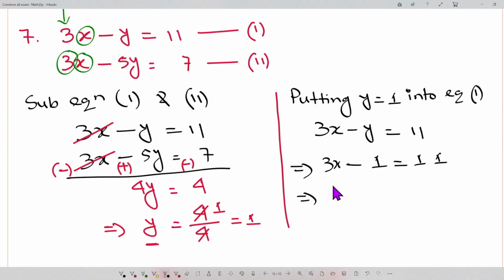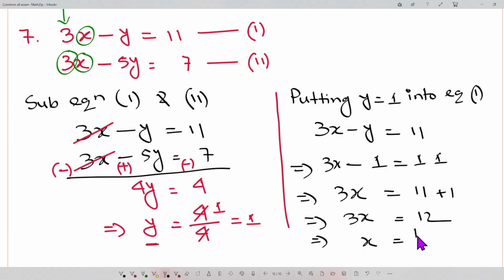Now we add 1 to both sides. So 3x equals 11 plus 1, which is 12. Now we divide both sides by 3. So x equals 12 by 3, which is 4.